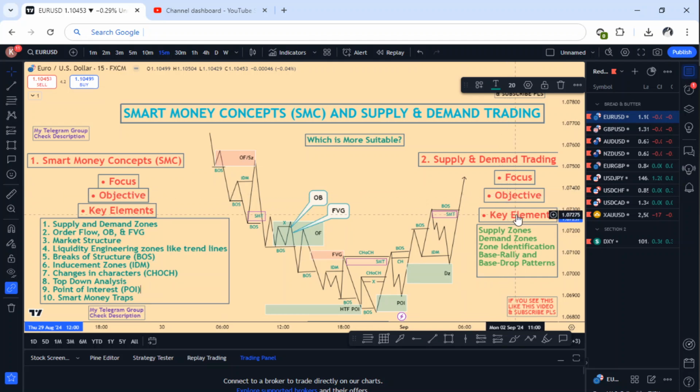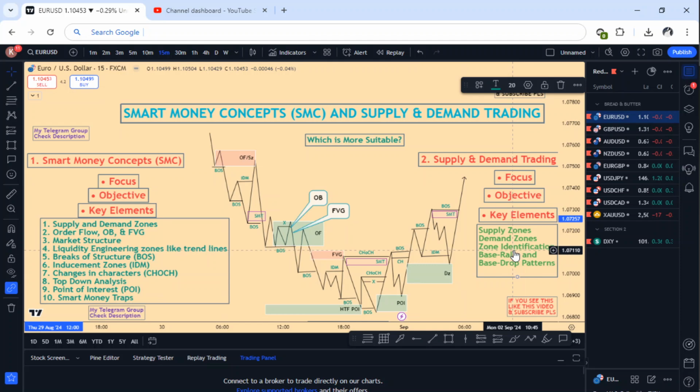Now, what about the key elements of supply and demand? We have supply zone, demand zone, zone identification, rally base rally, and base drop patterns. So supply zones are areas in the chart where selling pressure has historically outweighed buying pressure, causing the price to drop.